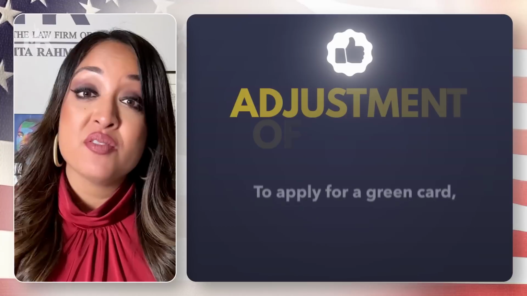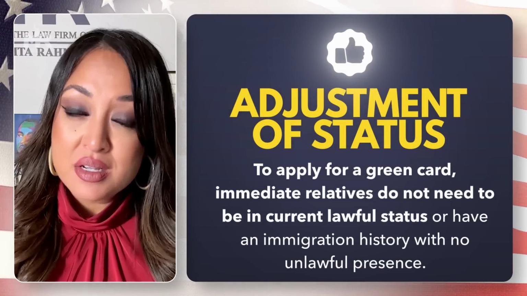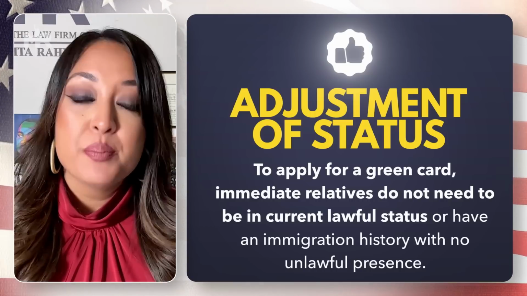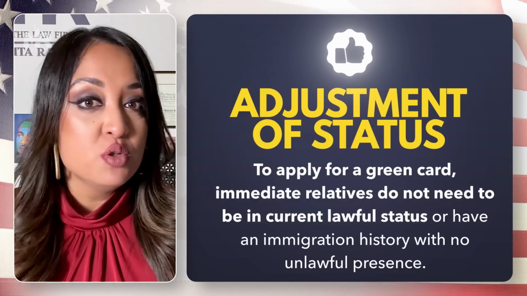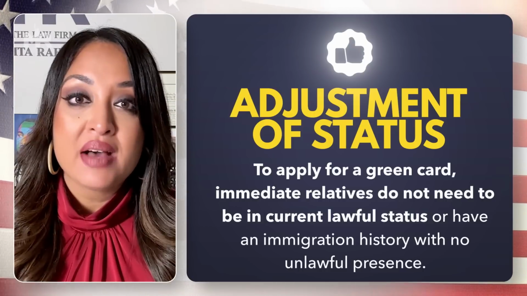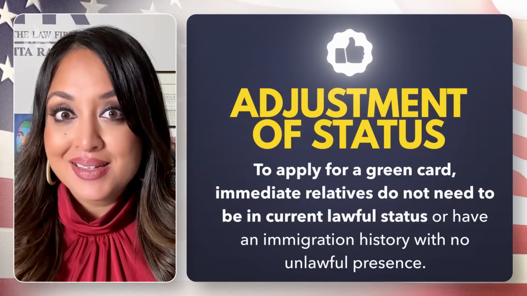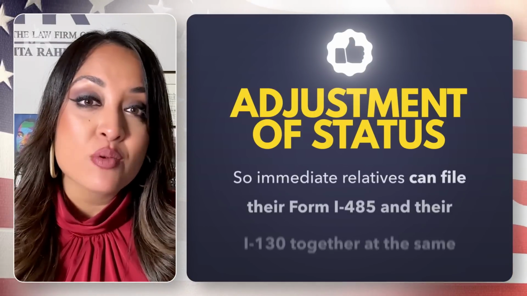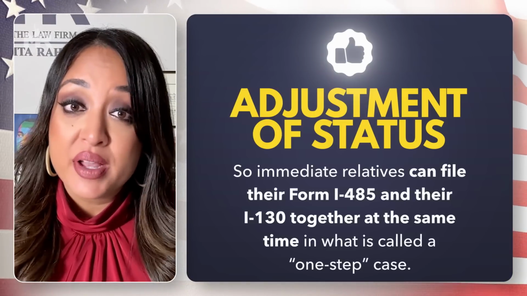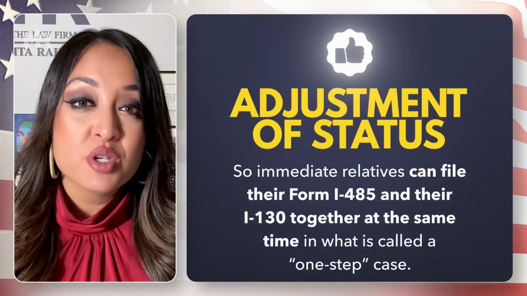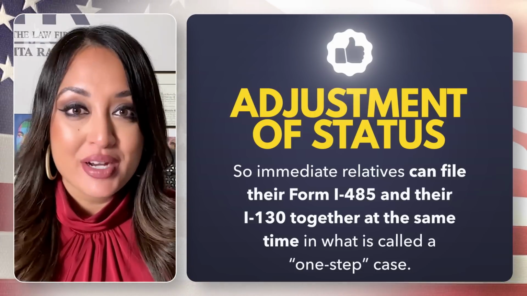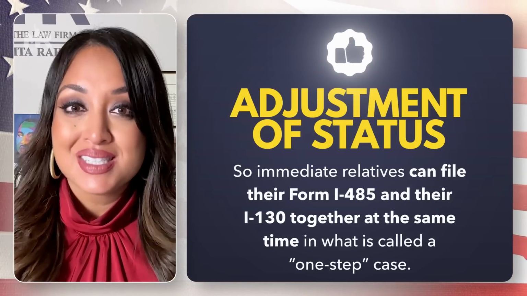That means that if you are the spouse, child under 21, or parent of a US citizen, because you are an immediate relative, you do not need to maintain a lawful status, and you can have as much unlawful presence as is possible, and that would still not prevent you from being able to file an I-485 at the same time your US citizen relative files the I-130 for you. That is why in immigration, we call this a one-step case.